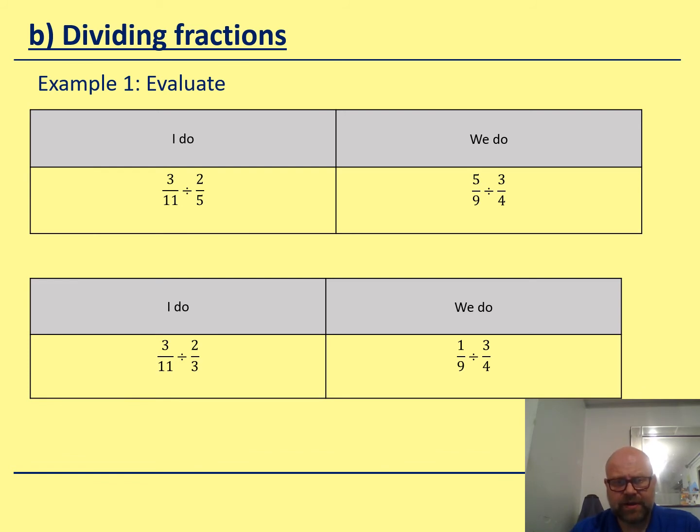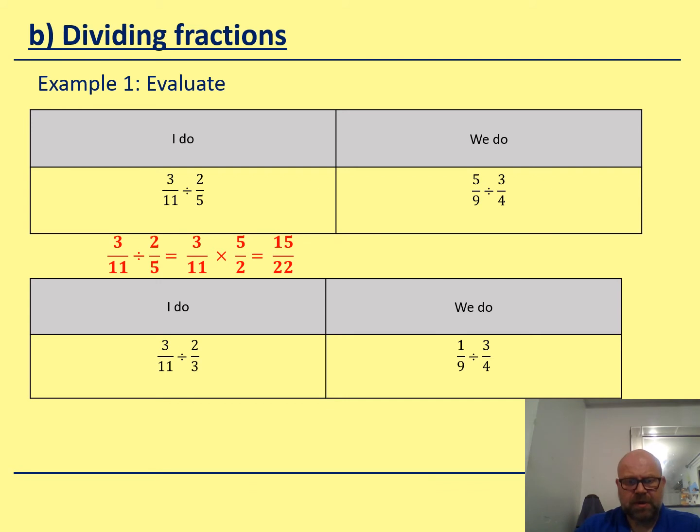So we can find the reciprocal of the second one, 2/5, and we can flip it. So that becomes 3/11 divided by 2/5 becomes 3/11 times 5/2, and we get 15/22.